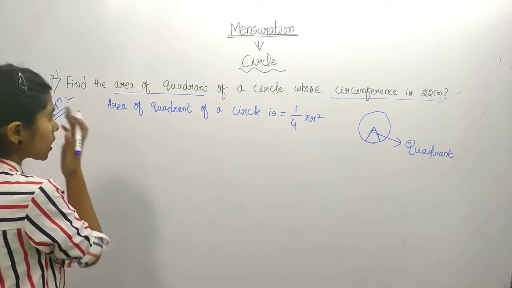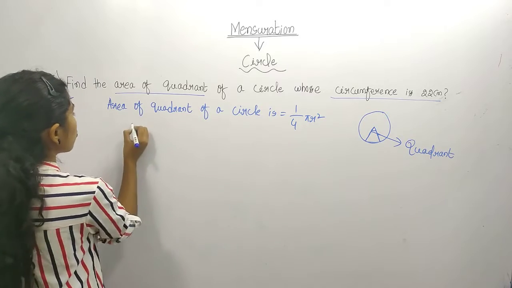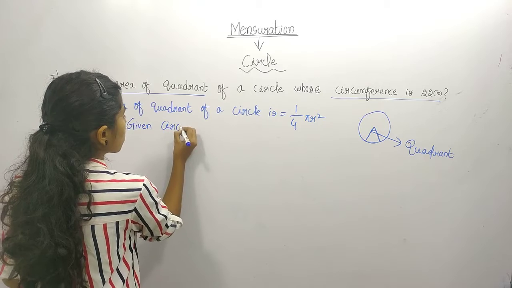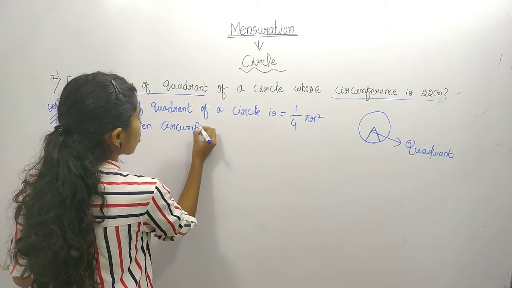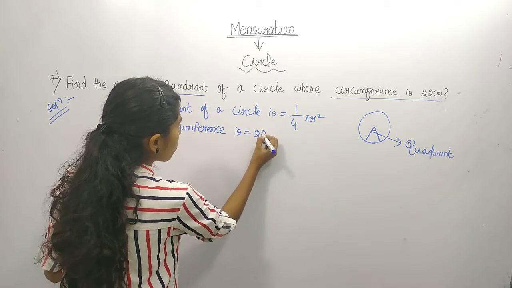Now let's come to the point. Circumference is already given, so you will write, given circumference is equal to 22 cm.